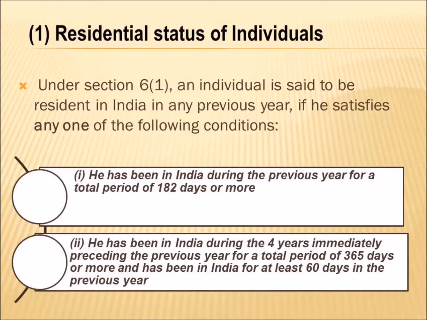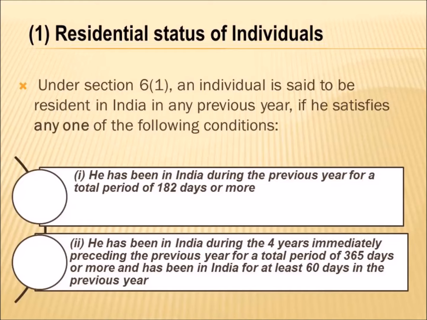That will be 13-14, 12-13, 11-12 and 10-11. These 4 years will be calculated. The total period of 365 days will be calculated for these 4 years. So if I am in India for a total period of 365 days or more in these 4 years, then I'll be called a resident.